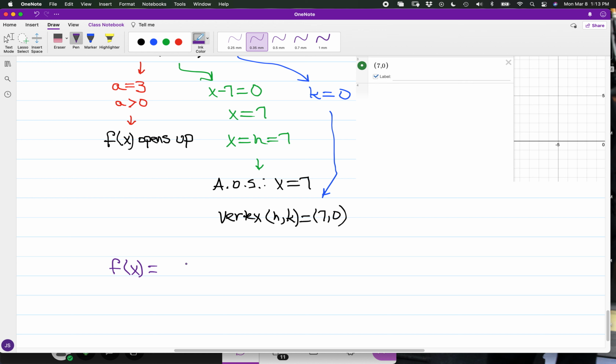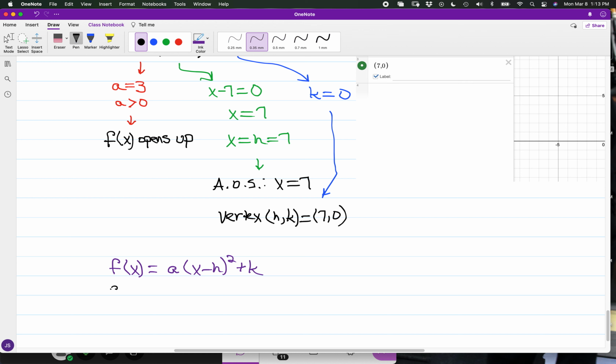I had negative 2 times the square of x plus 6, followed by the addition of 25. Okay, so you have another vertex layout, and we have all non-negligible values for all of a, h, and k.